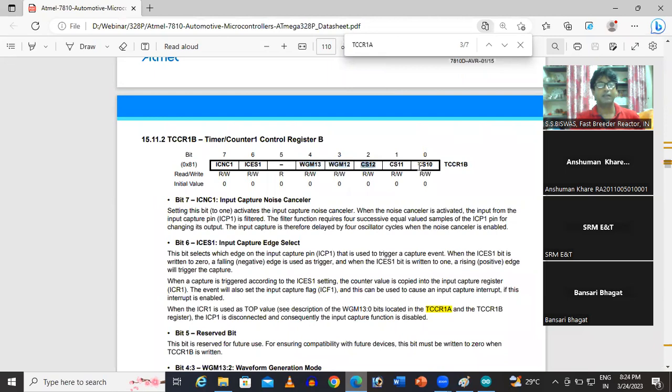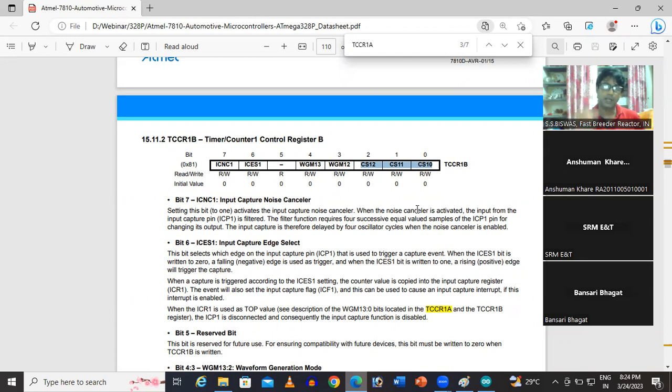Then what are these 3 bits? These 3 bits are the clock prescaler. Say you need to change the PWM frequency, because the crystal is, say, 16 megahertz or 8 megahertz. But if you generate PWM at very high speed, your switch has a limitation in its switching; it cannot go beyond that.